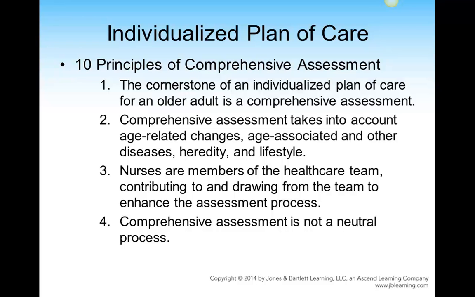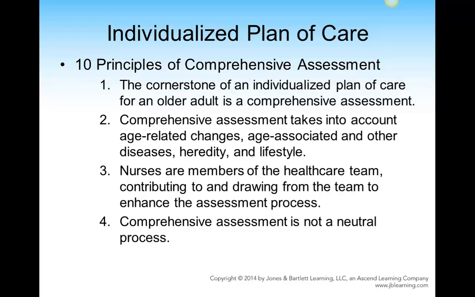There's 10 principles to a comprehensive assessment. It needs to be individualized for the older adult. It has to be individualized to them. It takes into account those age-related changes, age-associated diseases, understanding heredity and lifestyle, and how that can affect that physical change. That we are members of a team.